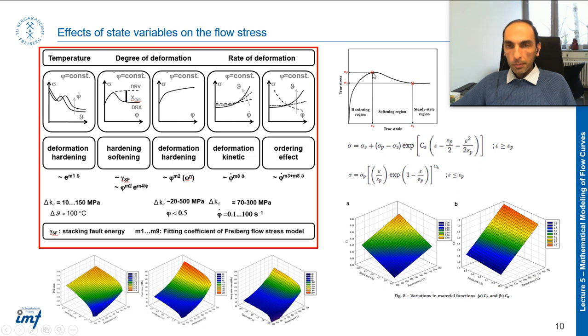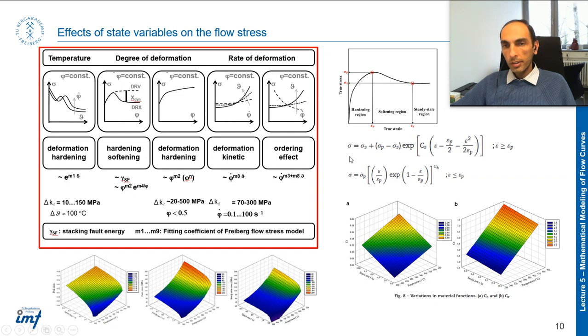process parameters. Like, okay, here in this equation, this is the sigma s, the steady state stress, the peak stress you have in the equation, the peak strain, of course, and the steady state strain, and of course the strain and the flow stress.